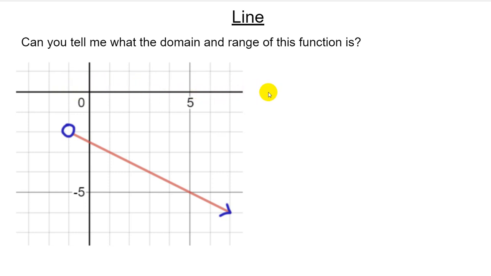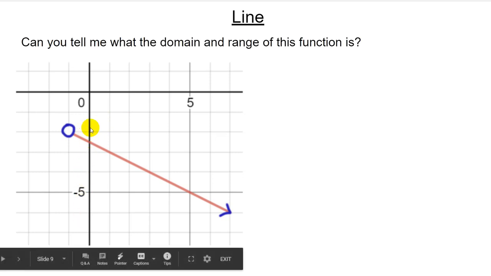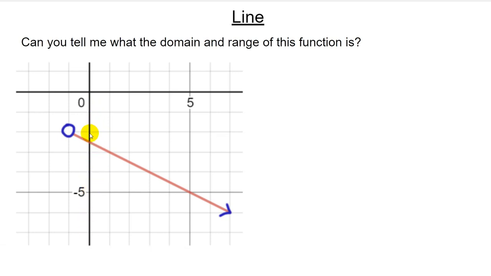So in this case, this means x just has to be greater than -1. Okay? But if you look down here, the range is going to consist of all values that are going to be below, it looks like -2. So in this case, the range is going to be all y values that are less than -2.